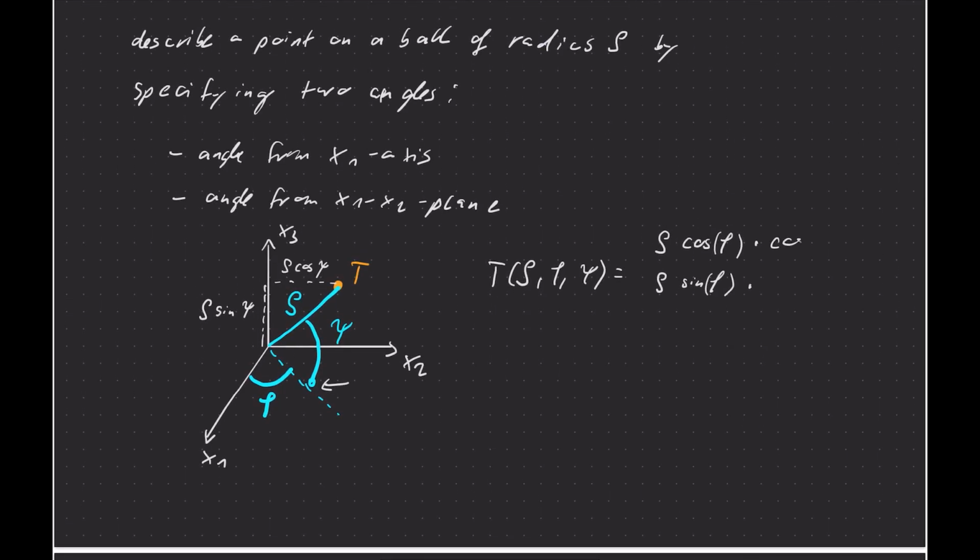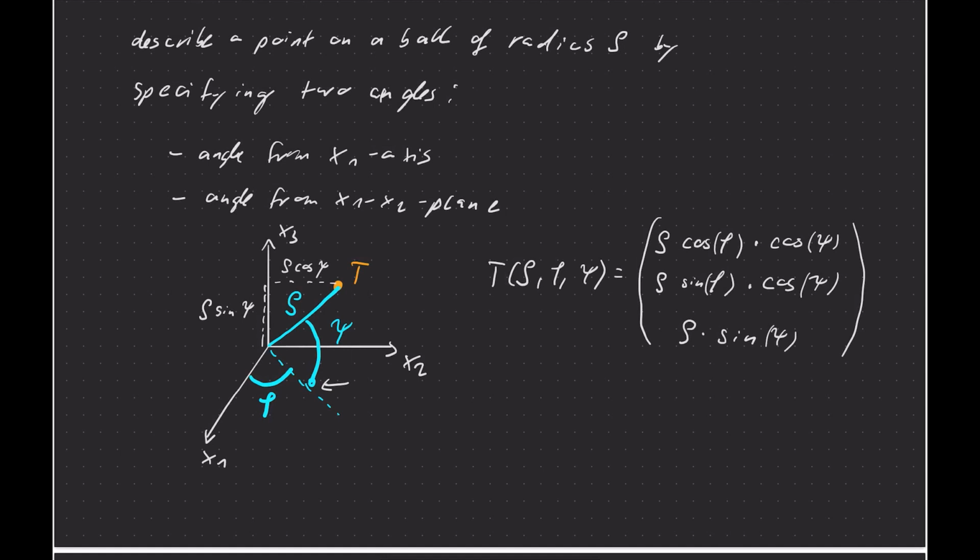We have to multiply these two factors with cosine psi. And then the third coordinate is just rho times sine of psi. Okay, so that's the formula for converting spherical coordinates into Cartesian coordinates.